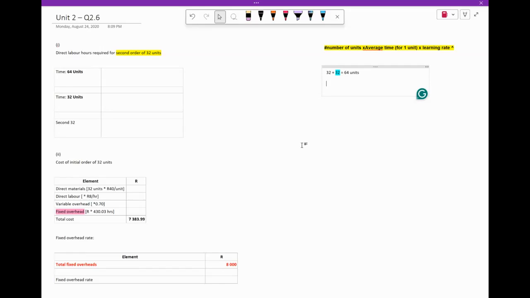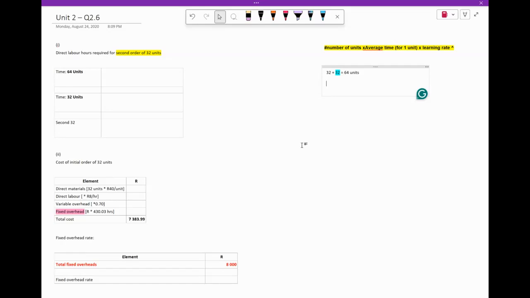Then it goes on. Costs are incurred as follows. You have the types of costs: direct materials, direct labor, variable overhead, and fixed overhead. For direct materials, you have 40 Rand per unit. For direct labor, 8 Rand per direct labor hour.